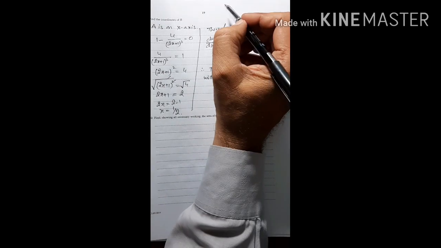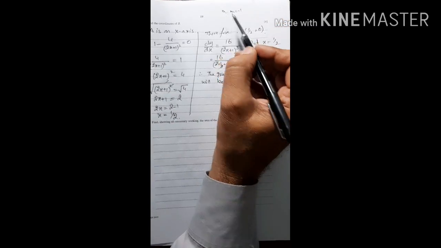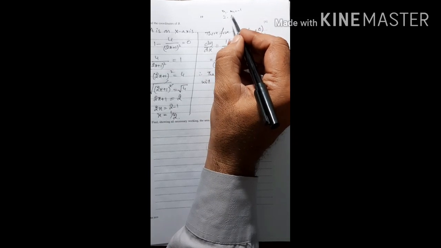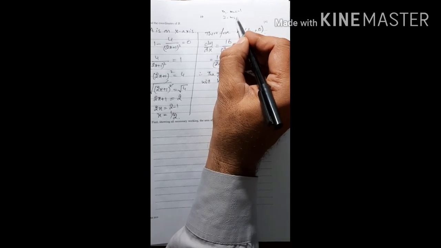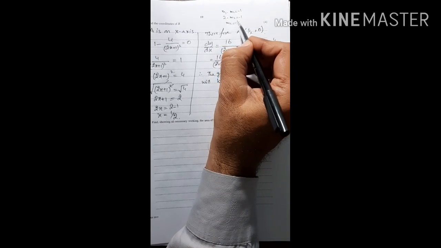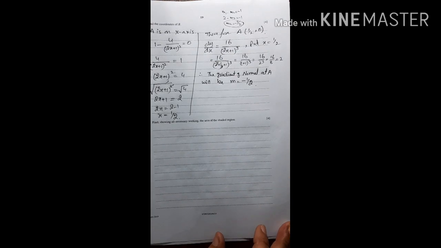So m1 into m2 is minus 1. This m1 is the gradient of the tangent, this m2 is the gradient of the normal. So take 2 on the other side, so m2 is minus 1 by 2. This is the way I find out the gradient of the normal.